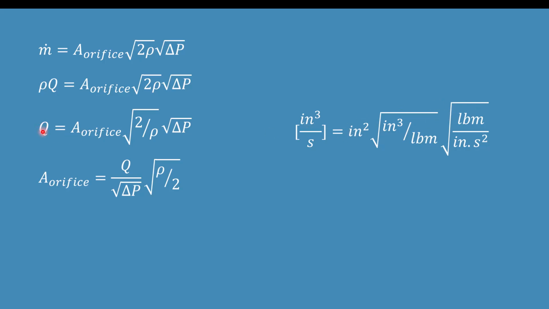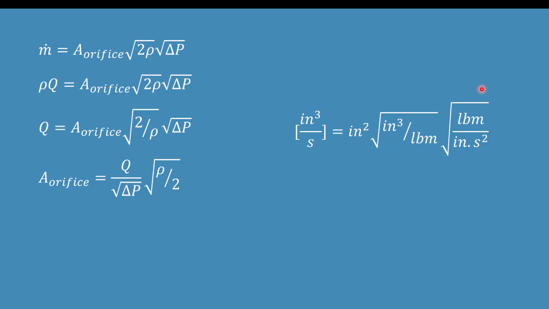So as long as the volumetric flow rate is in cubic inches per second, and the area is in inches squared, and the density is in pound mass per cubic inches, and delta P is in pound mass per inches times squared seconds, this has consisted of some consistent set of units.